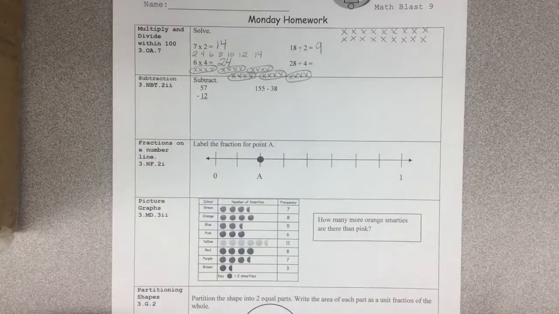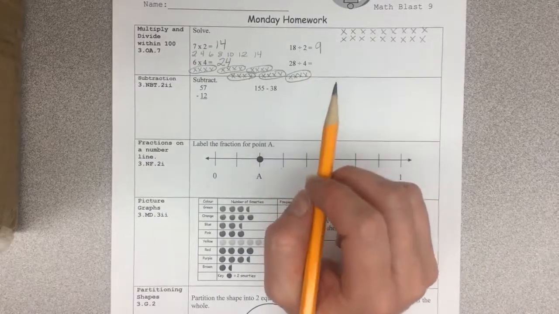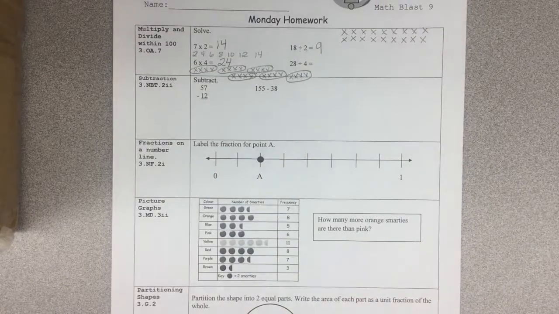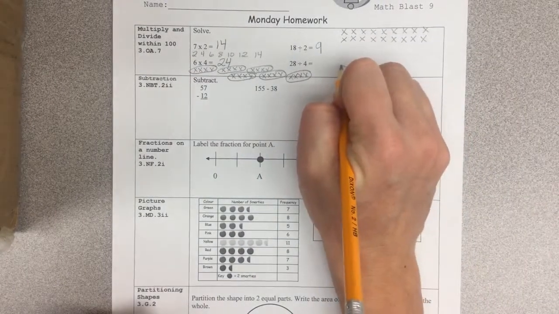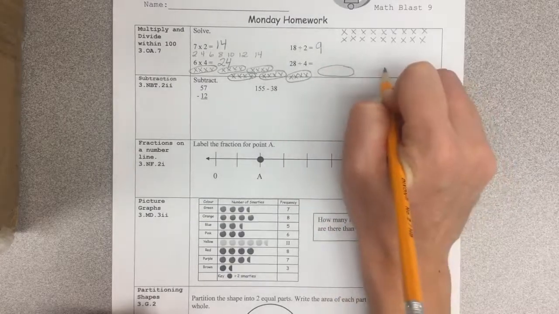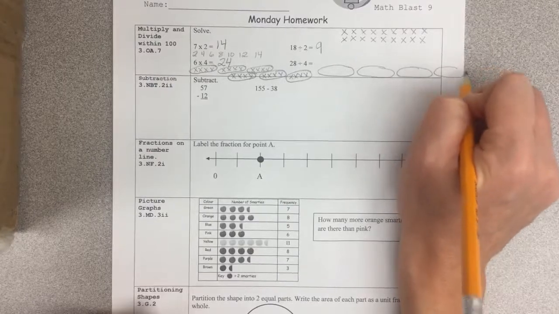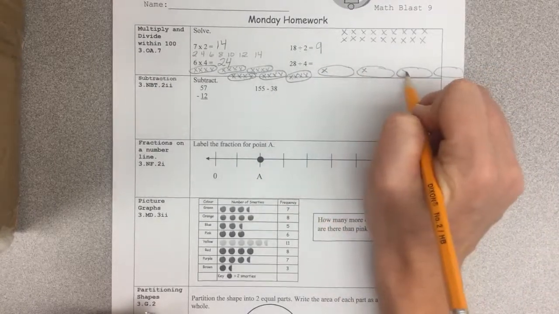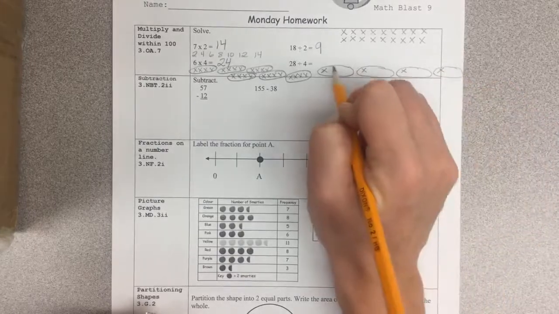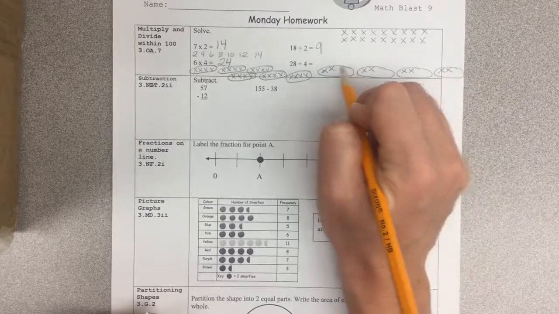28 divided by 4. Here again, I have 28 items, and I'm going to equally share those among 4 groups. So let's go. With 4 groups here, I'm going to put an X in each of the groups until I get to 28.